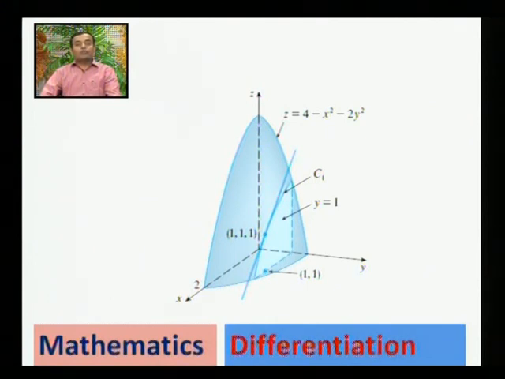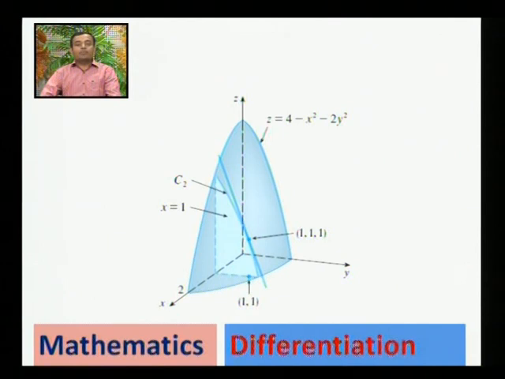So the intersection of the paraboloid and the plane y equal to 1 is a parabola that is shown by the dotted line in the figure, and the tangent at the point (1, 1), that is, if we take x and y to be 1, then we get a point on the curve, that is the parabola, and to that curve the tangent, shown by the blue line, its slope will be fx at (1, 1).